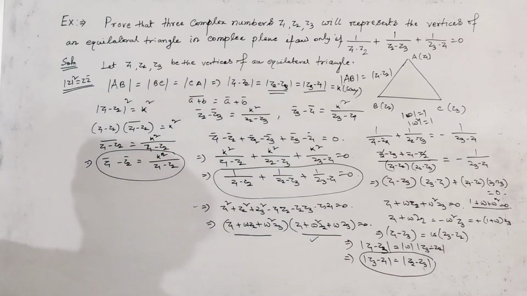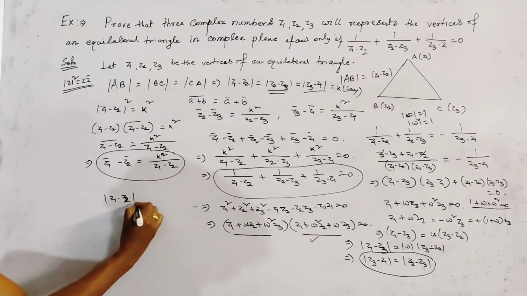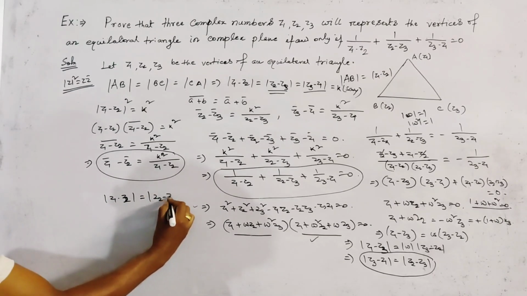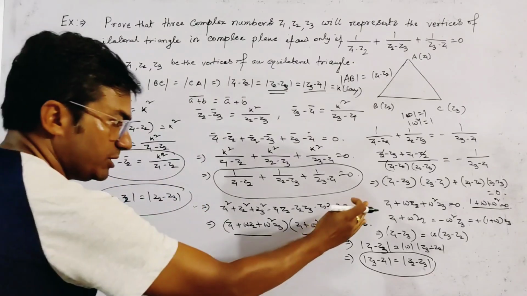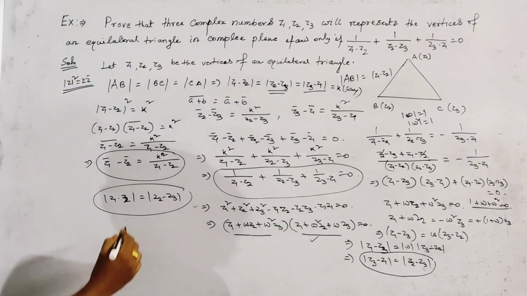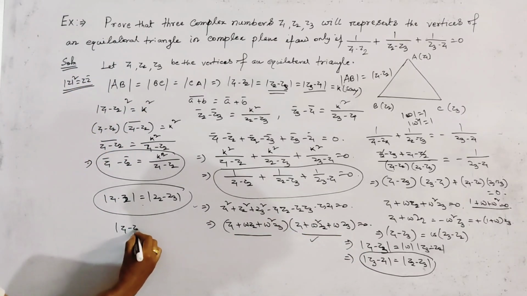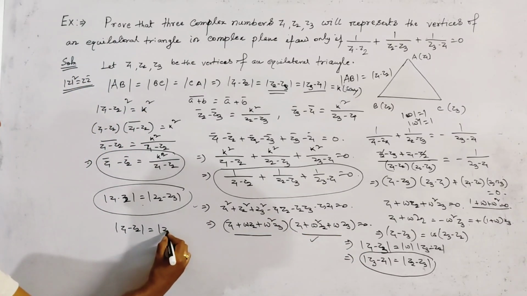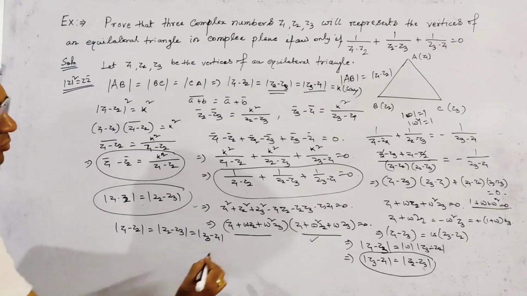Also from the other relation we get another result: mod of Z1 minus Z2 is equal to mod of Z2 minus Z3. Combining these two conditions, mod of Z1 minus Z2 equals mod of Z2 minus Z3 equals mod of Z3 minus Z1.